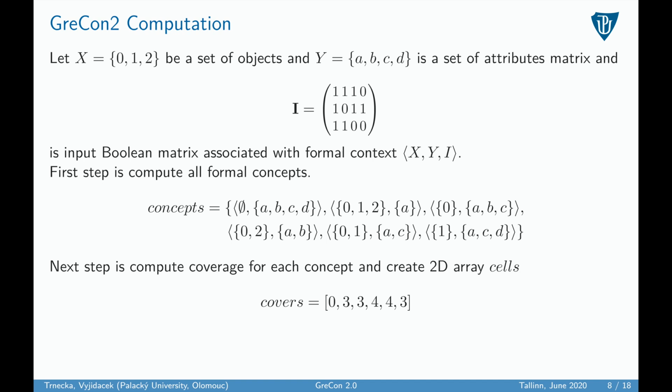Let X be a set of objects and Y a set of attributes, and I a Boolean matrix associated with a formal context. Firstly, we need to compute all concepts. This context contains 6 concepts, and for each concept we compute actual coverage and store it in the array covers.